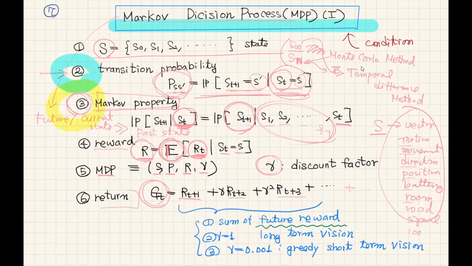This return is the accumulated reward of the future: state T plus 1, T plus 2, T plus 3, and up to T plus N.